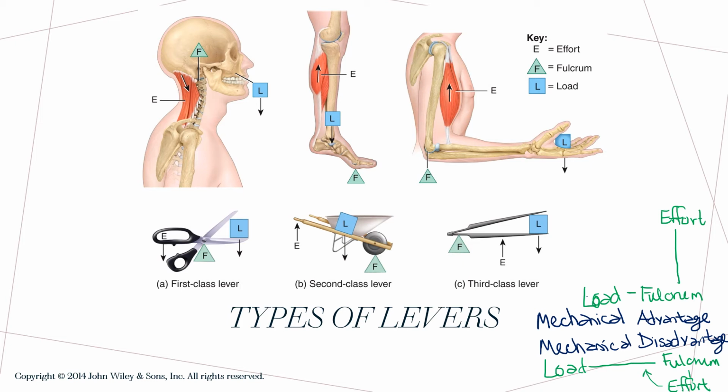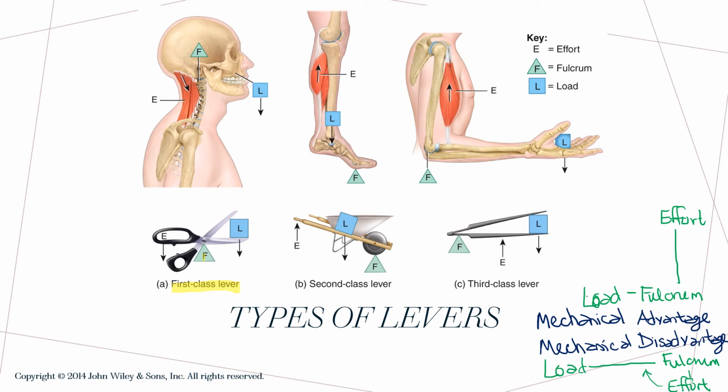So levers are categorized into 3 types, according to the positions of the fulcrum, the effort, and the load. First we have first-class levers. First-class levers are when the fulcrum is between the effort and the load.